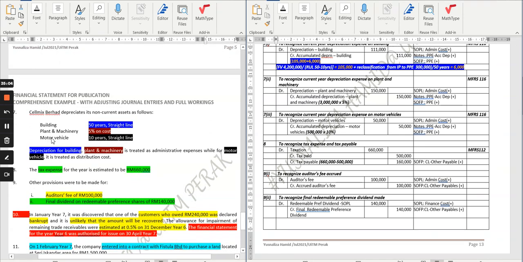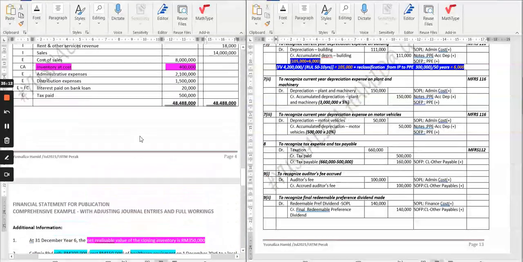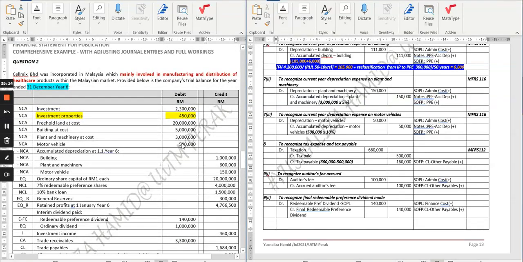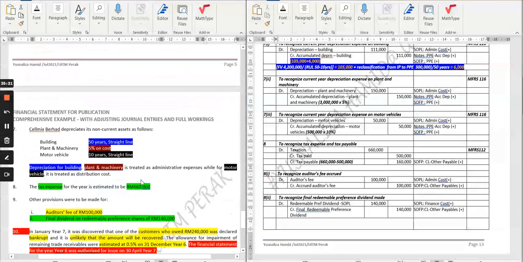Number 7.3 is on motor vehicles. Remember, the motor vehicles that you need to provide depreciation. If you look at the motor vehicles here, 500,000. And the period for motor vehicle depreciation was 10 years. So 500,000. 10 years is also equivalent to 10% per year.